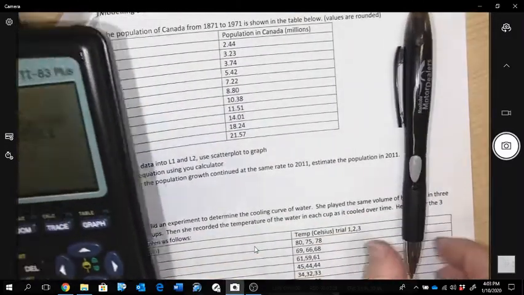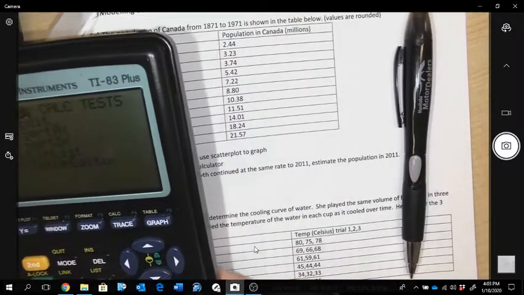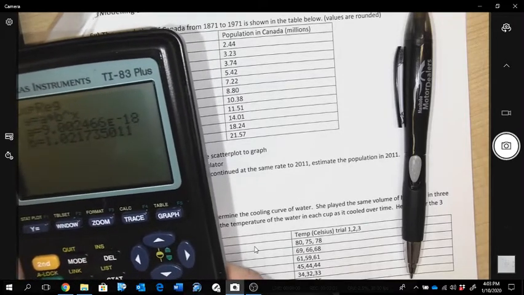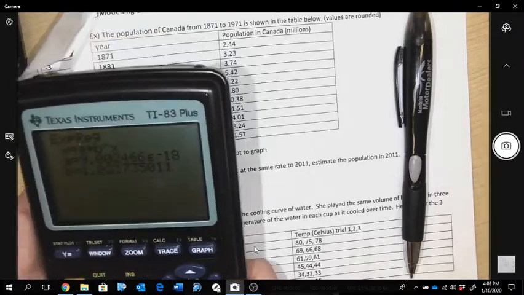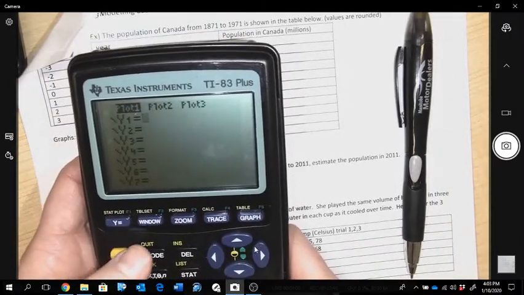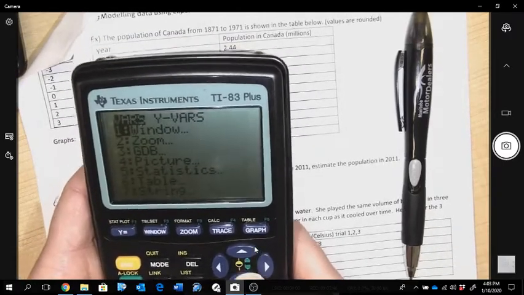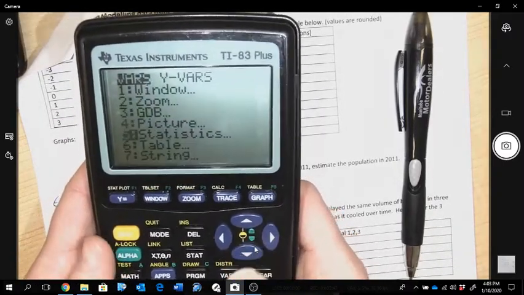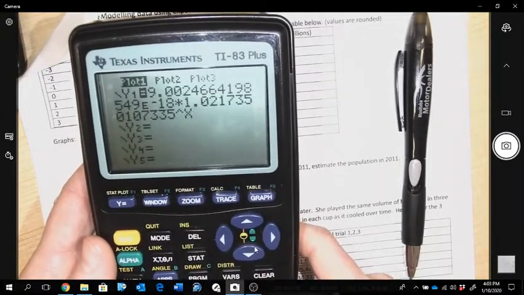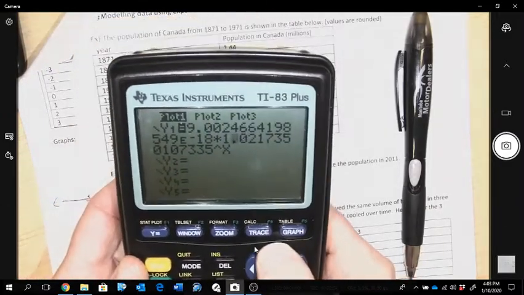Hold on a second, I'm just going to double check. Okay, so we're going to go to Y equals, get whatever you have out of there. I'm going to go to VARS, statistics, and I'm going to put my regression equation in there. So it puts that in there for me.